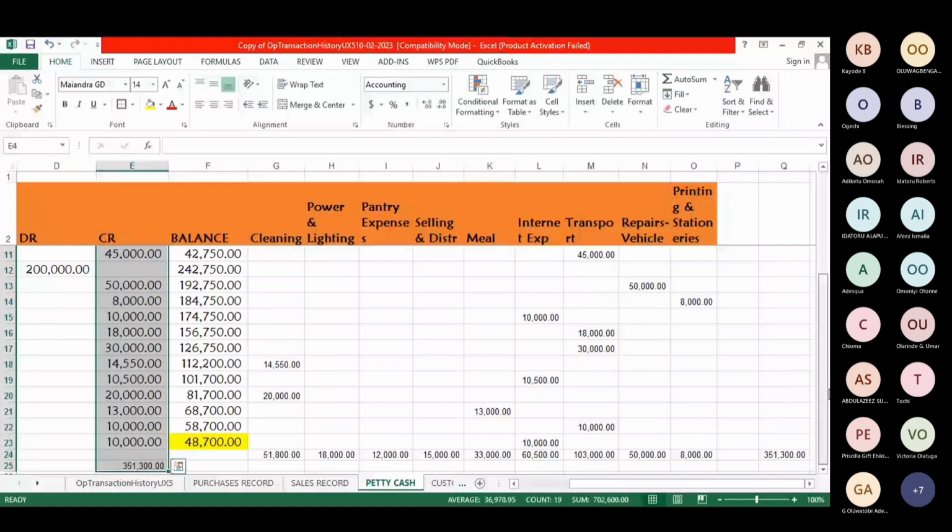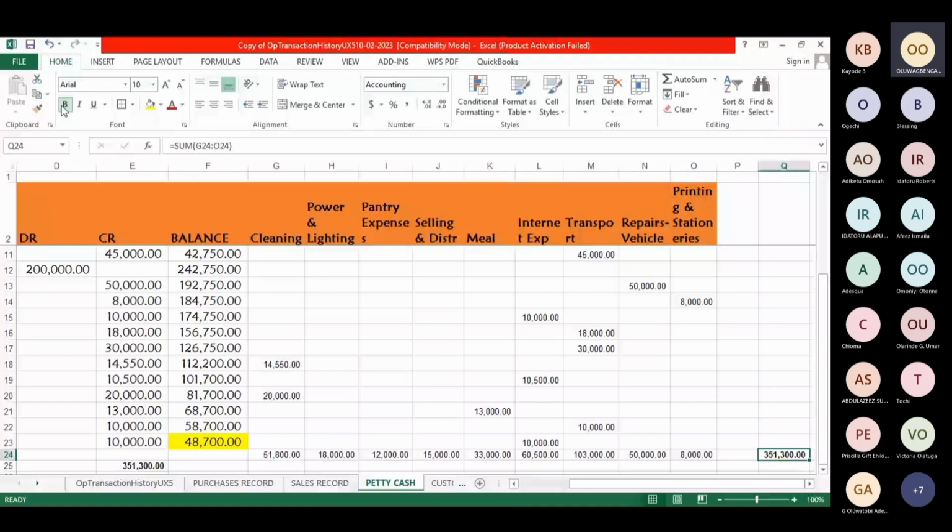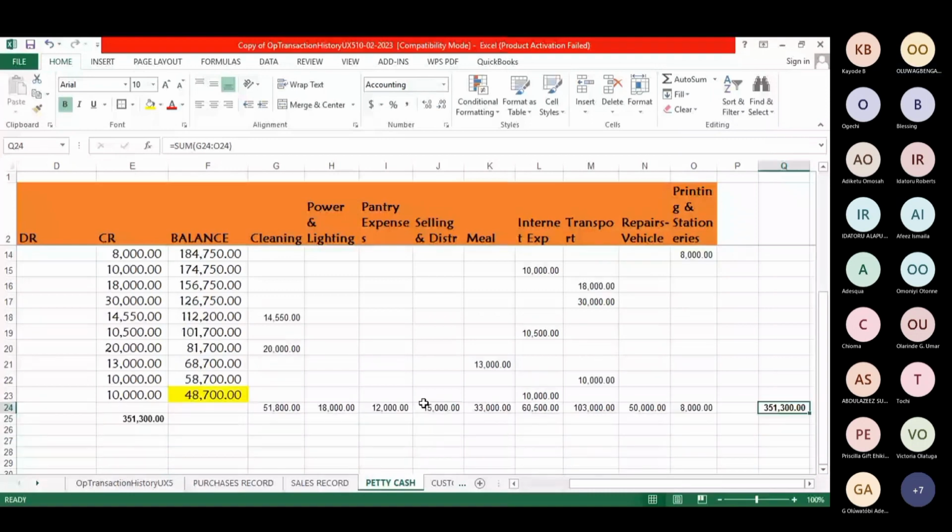Okay. 351,300. So this is how you check. So if I come here and say check, so this means well done, 0.